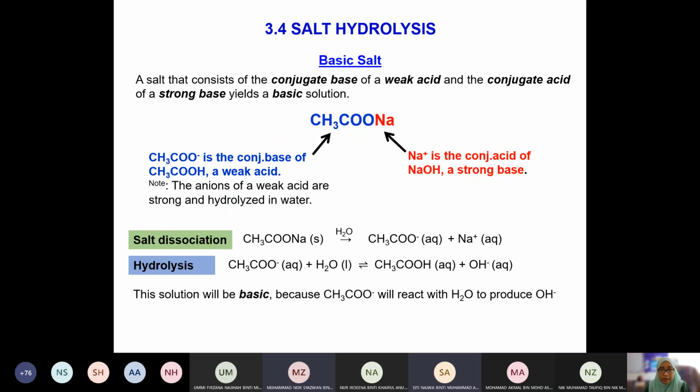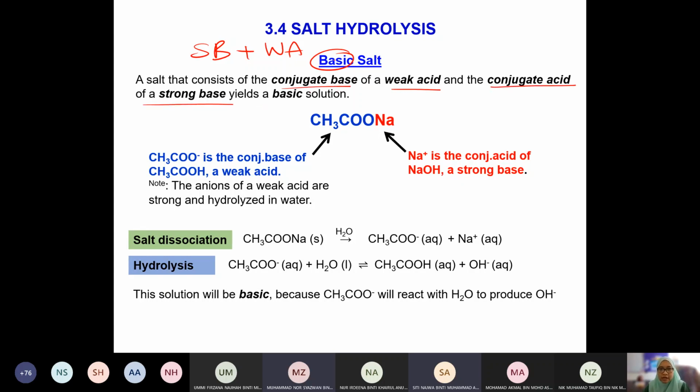Basic salt, if you were to predict, is produced from a strong base reacting with a weak acid. By definition, a basic salt consists of the conjugate base of a weak acid and the conjugate acid of a strong base.